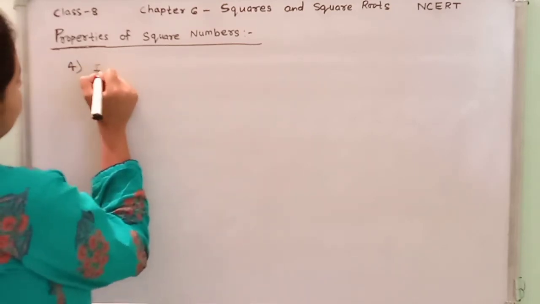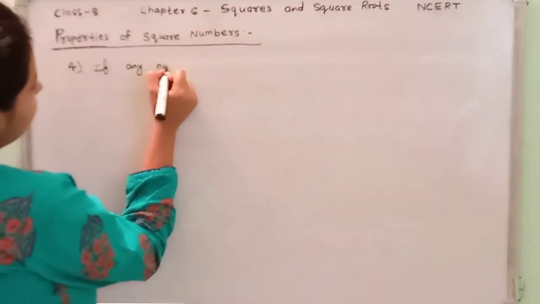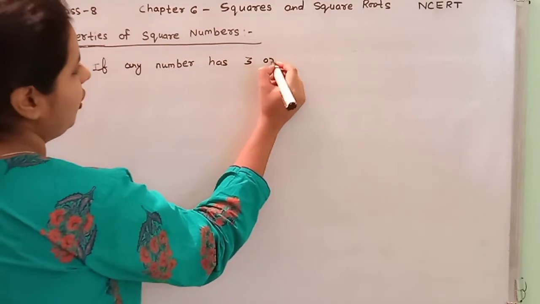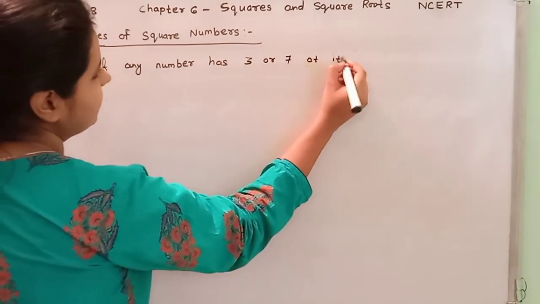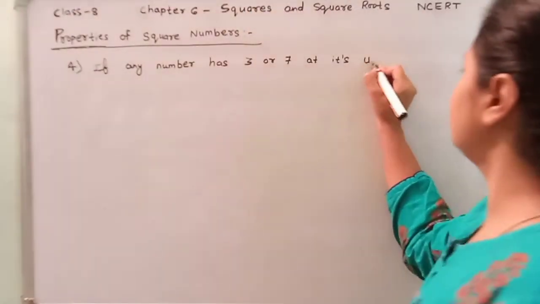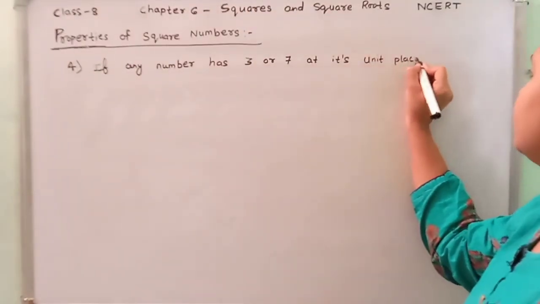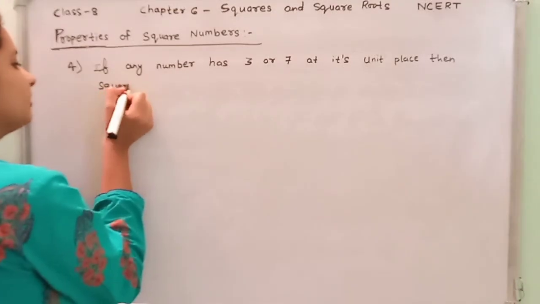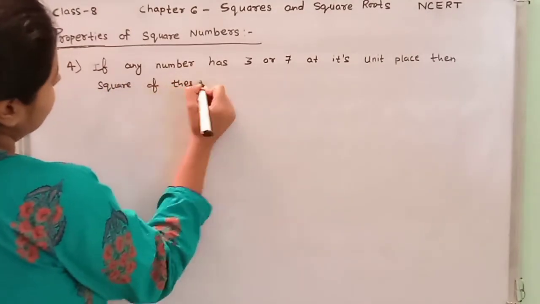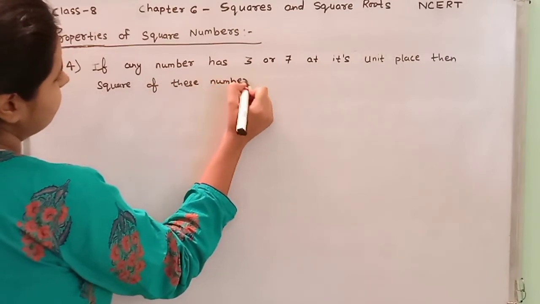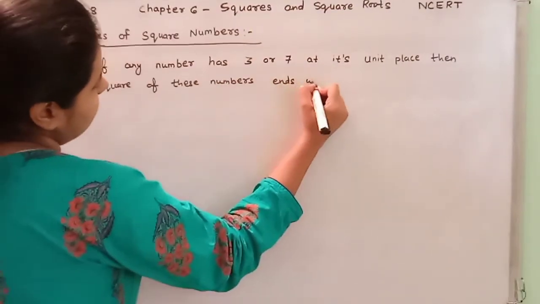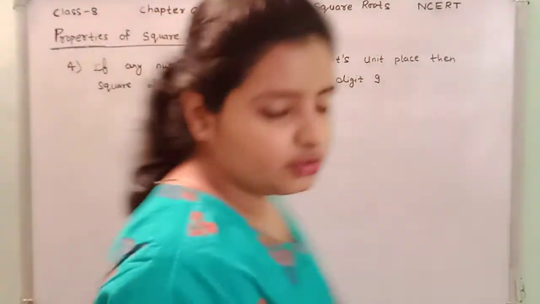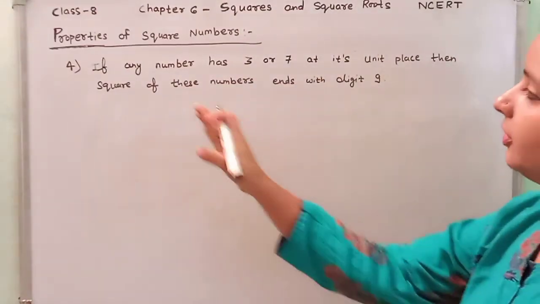Fourth property is, if any number has 3 or 7 at its unit place, then square of these numbers ends with digit 9.